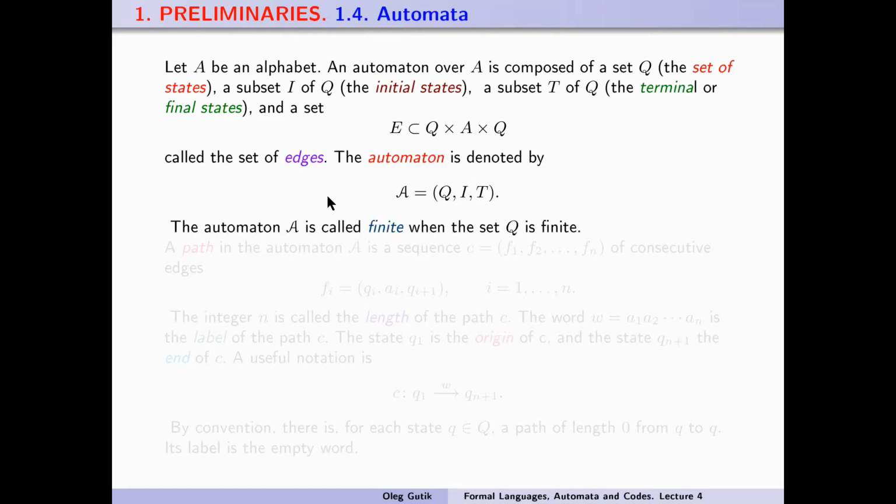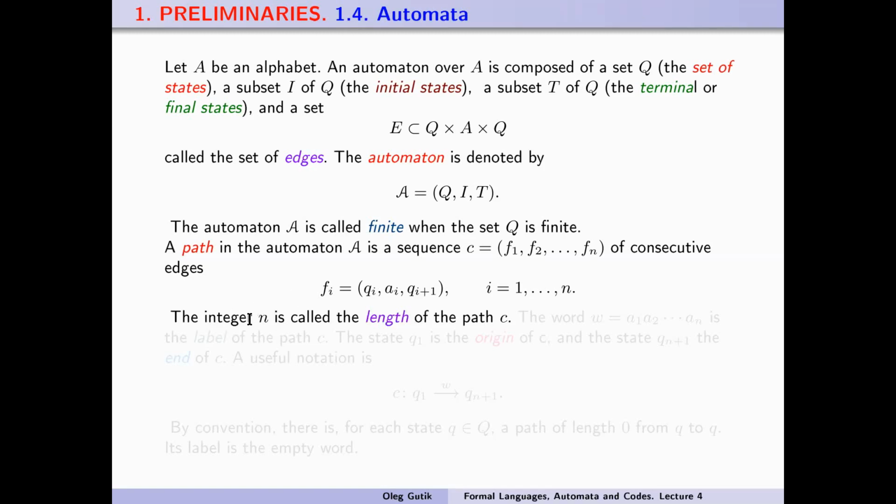So the automaton A is called finite when the set of states Q is finite. A path in automaton A is a sequence c which consists of f1, f2, and so on, fn of consecutive edges, where fi consists of the ordered triple (qi, ai, qi+1), with i from 1 to n.